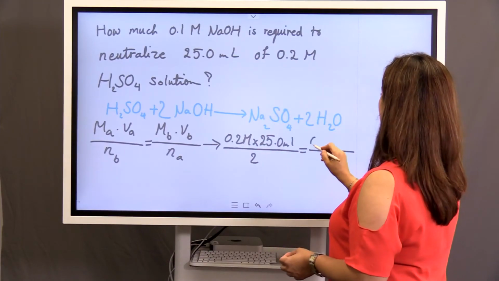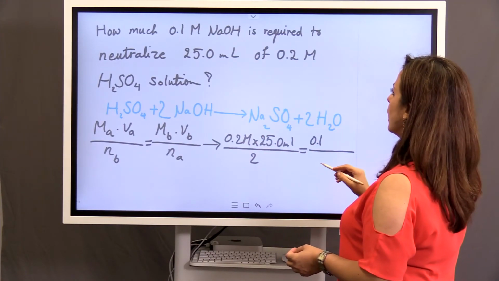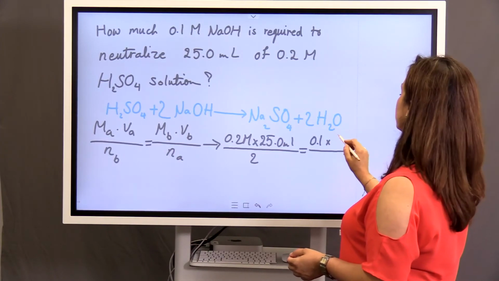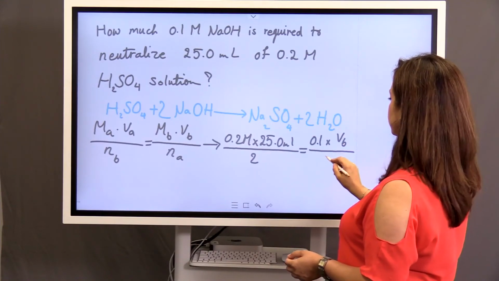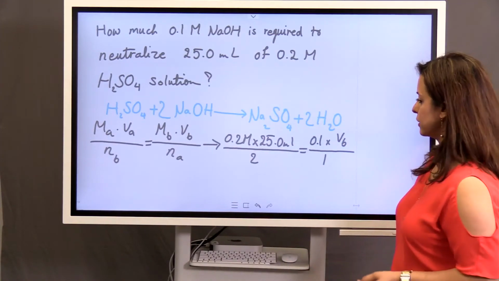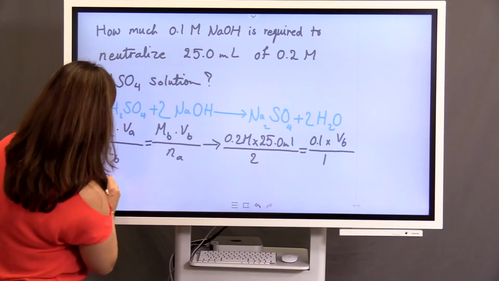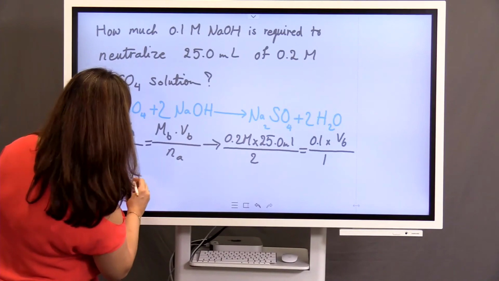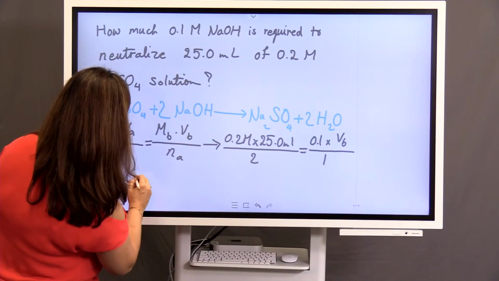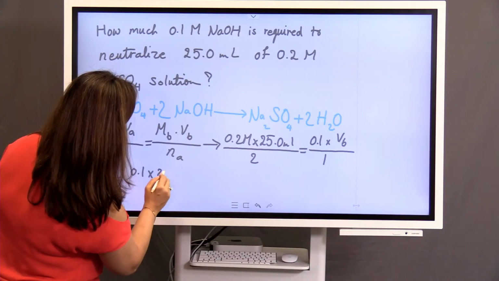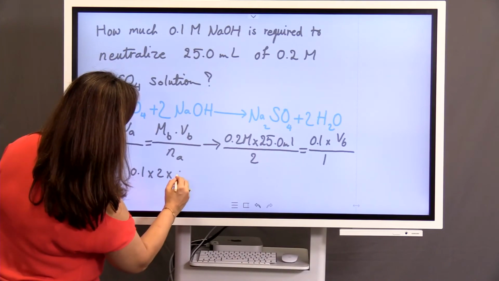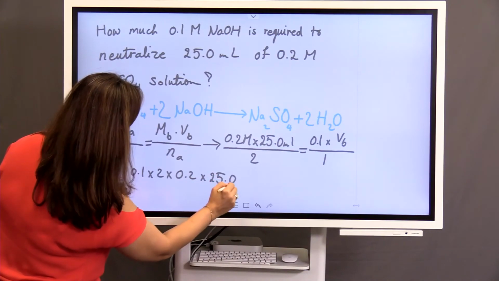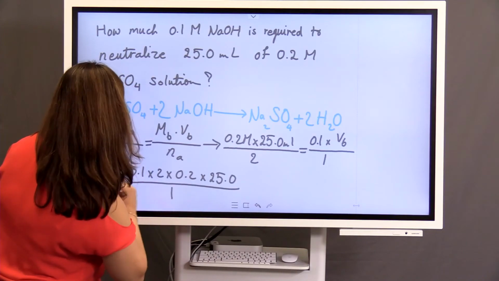Molarity of base is 0.1, times the volume of base, which we don't have, divided by number of moles of acid. So the volume of base would be 0.1 times 2 times 0.2 molar times 25 divided by 1.